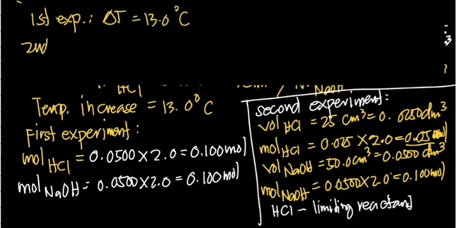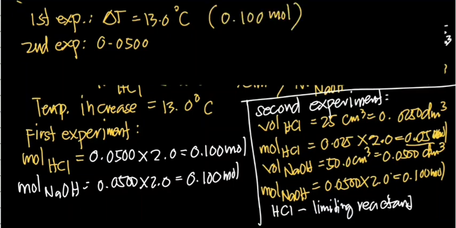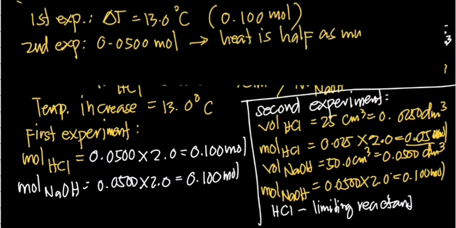In the second experiment, notice here that we only got 0.050 mole, and for the first experiment it has 0.10 mole to complete neutralization. But for the second experiment, we only have 0.05 mole to complete neutralization. Therefore, heat here is half as much.